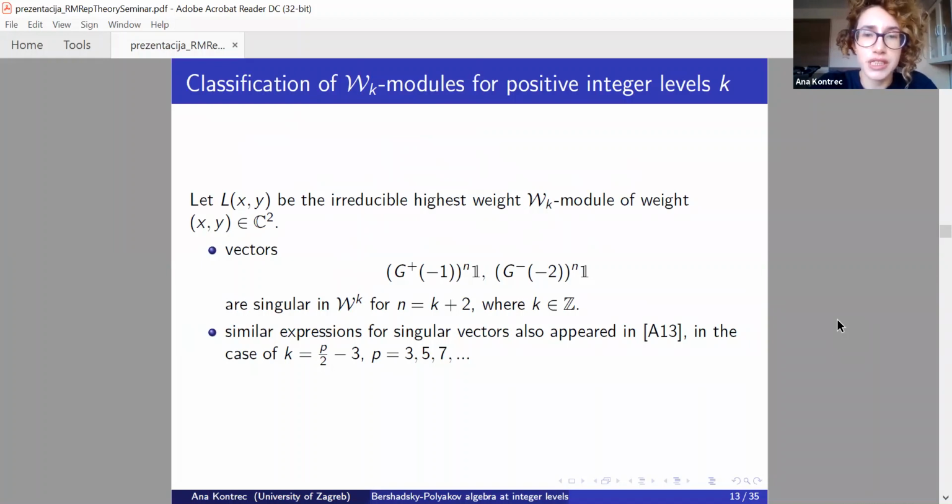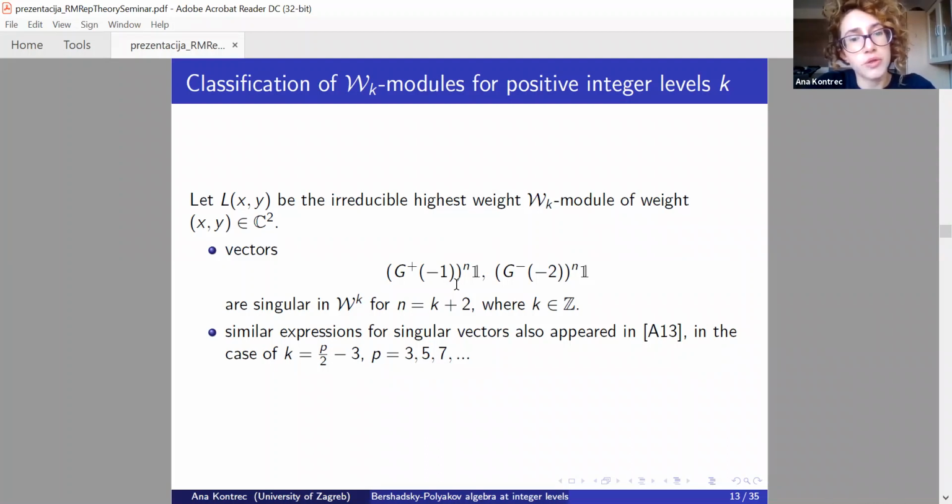Okay, so now we come to the positive integer levels W_k. So we started studying these highest weight Bershadsky-Polyakov algebra modules a few years ago, and the first thing we noticed is that we have these expressions for singular vectors for integer n, and these are basically the same as those that Arakawa has in his paper for half integer levels.